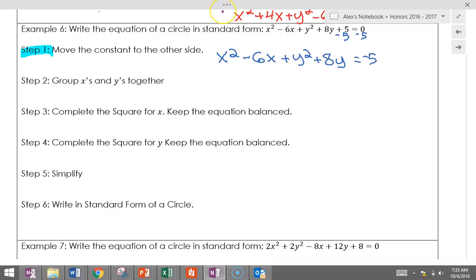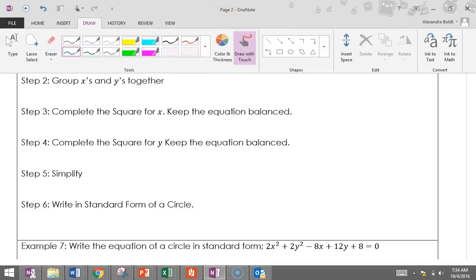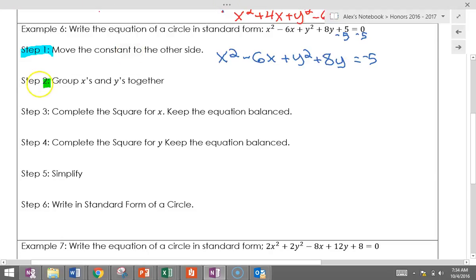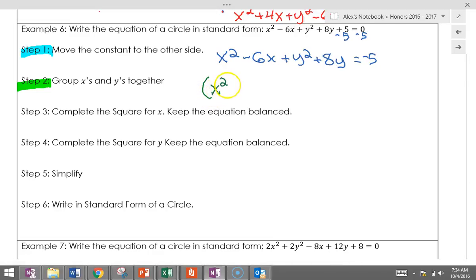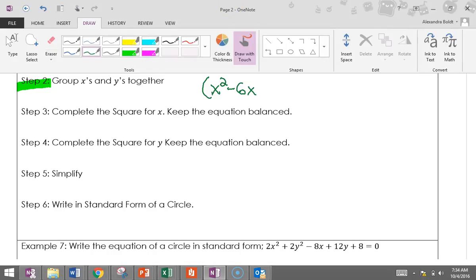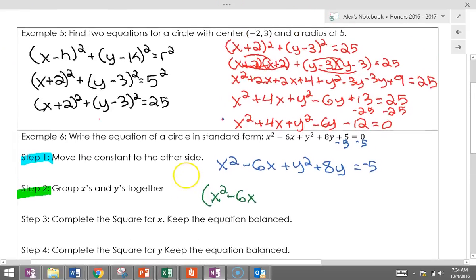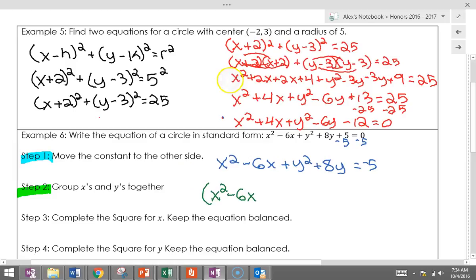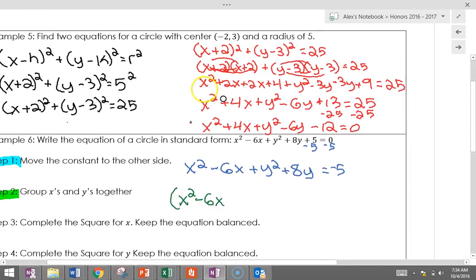Step 2, group your x's and your y's together. By that, I'm going to put parentheses around my x's and I'm going to put parentheses around my y's. For these, I'm going to scroll back up for a second, to this step here where we multiply out.